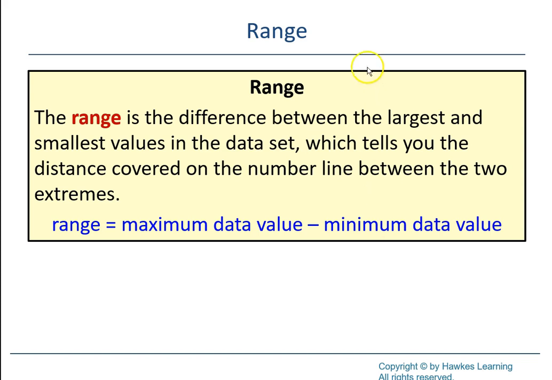Now, what is the formula for range? And you want to write this down. For range, you would take the maximum value, the larger number, subtract the minimum value, the smaller number, and then that would give you your range. Take a moment, write this in your notes. Again, these could be quiz questions.